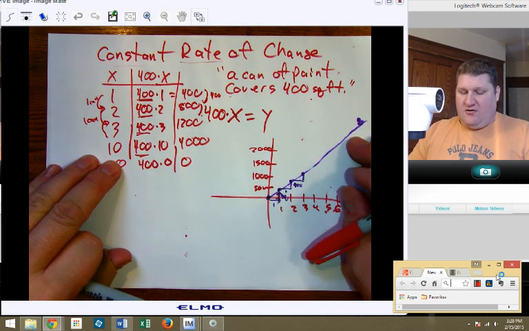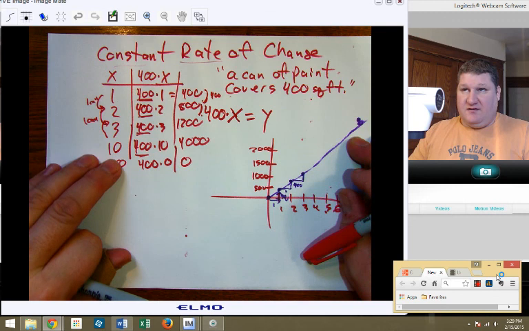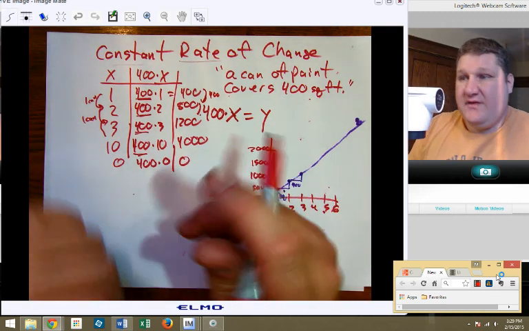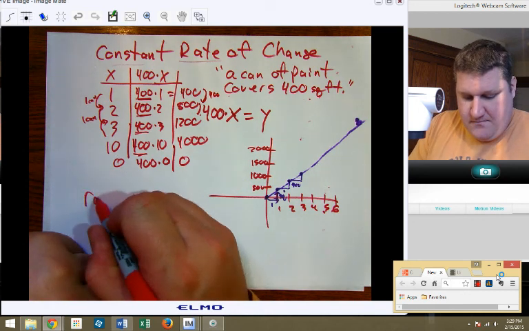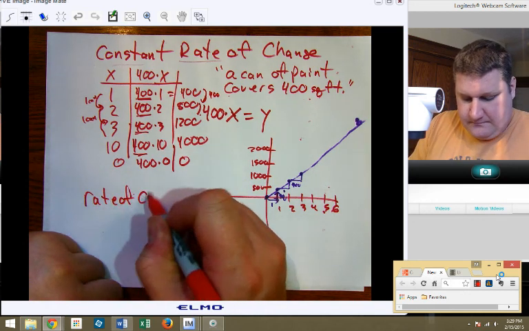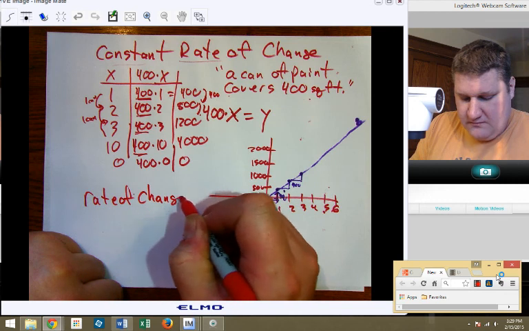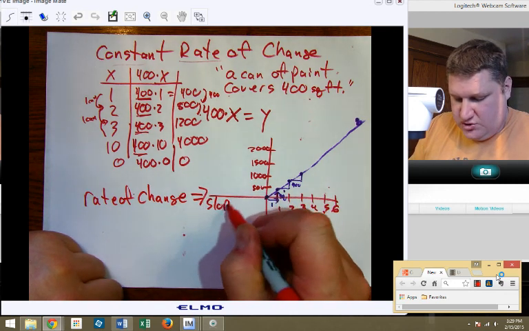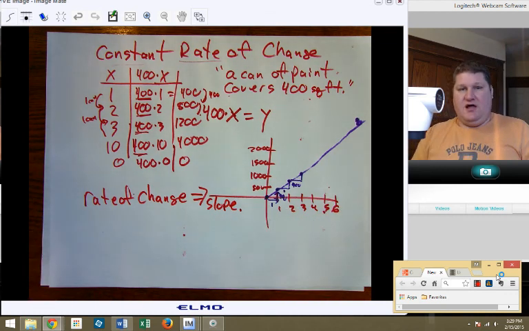I can put it on a graph and look at it from this perspective. But you'll notice in this, it's going to be over and up. This rate of change is going to turn into this concept that we call slope, or slope of a line.